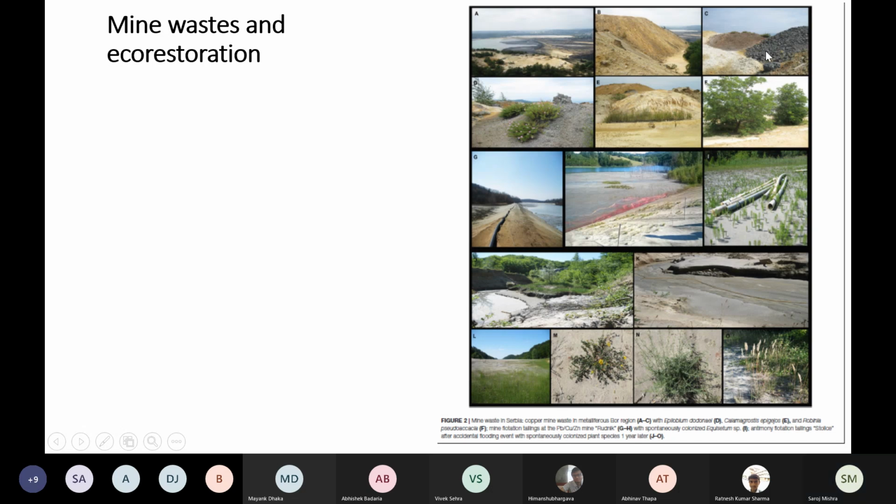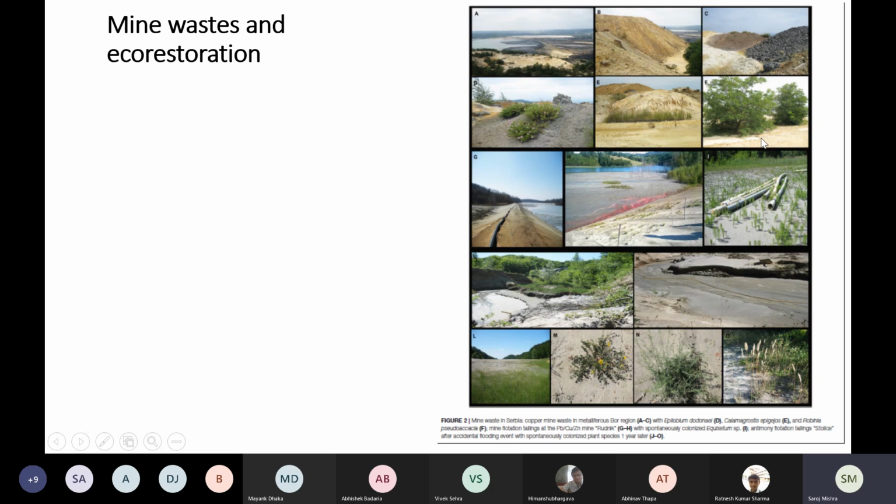Now, if you have, for example, plantation of some kind of a plant, which is shown in D, some kind of a plantation has been carried out on this particular site. So you see some kind of a green cover is provided. And in E, there is another type of a plant, and similarly, in F, there is another type of a plant which has been planted here.